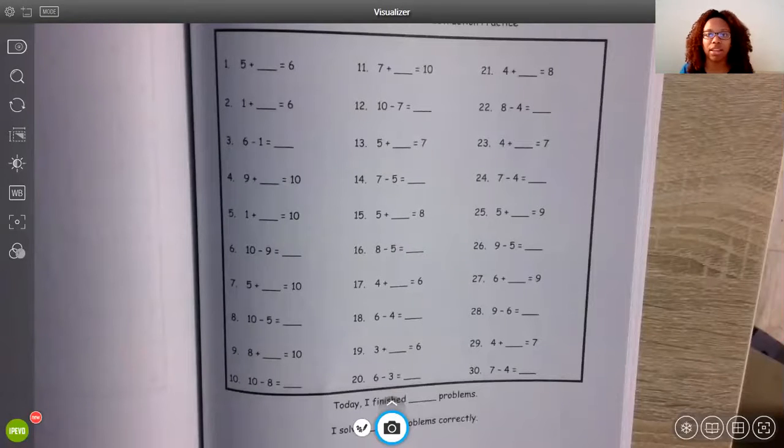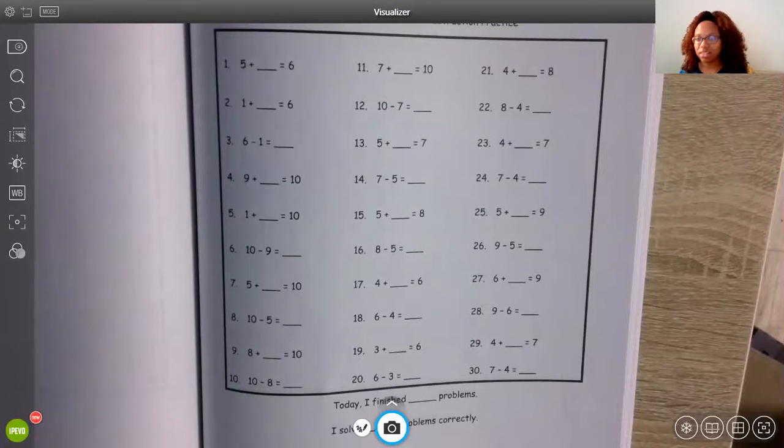So for the number 1, the answer is 1, 5, 5, 1, 9, 1, 5, 5, 2, 2, 3, 3, 2, 2, 3, 3, 2, 2, 3, 3, 4, 4, 3, 3, 4, 4, 3, 3, 3, and 3.